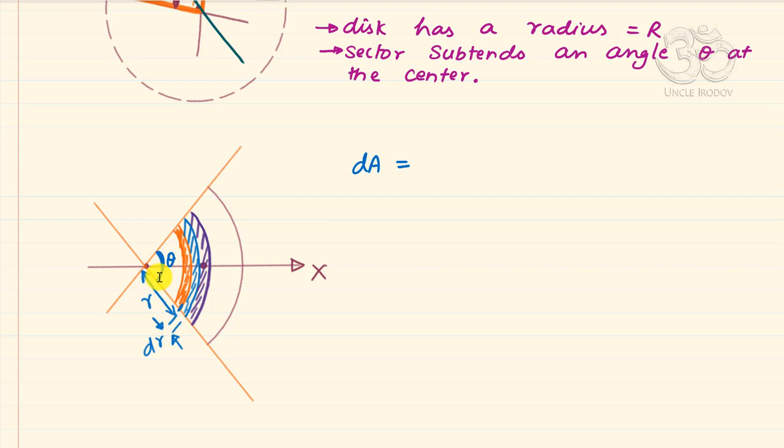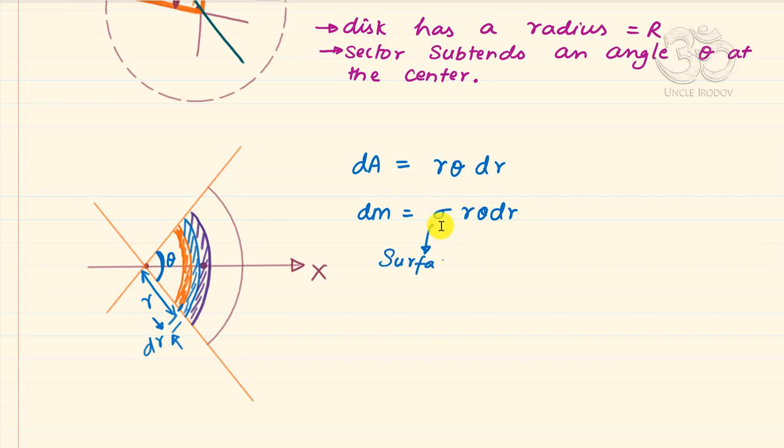So small r times theta is the length that I'm interested in, and the width of the rectangle is going to be dr. So this is the small area, and so the small mass of this blue shaded portion is going to be sigma into r theta dr, where I've assumed that there is a certain surface mass density.